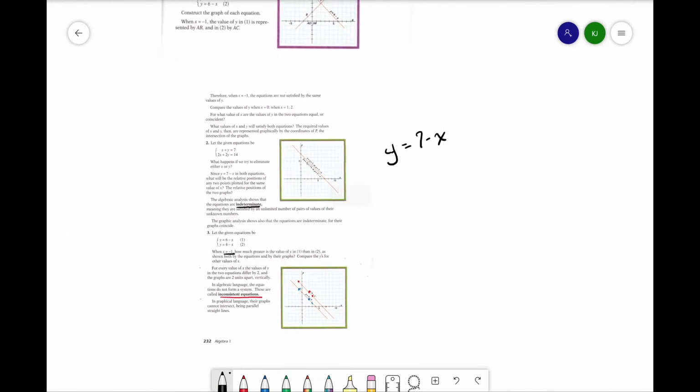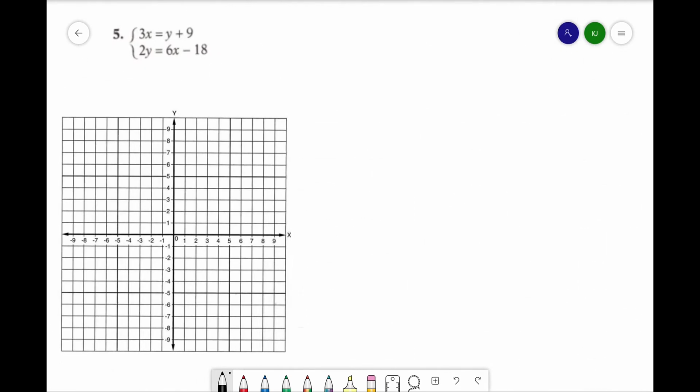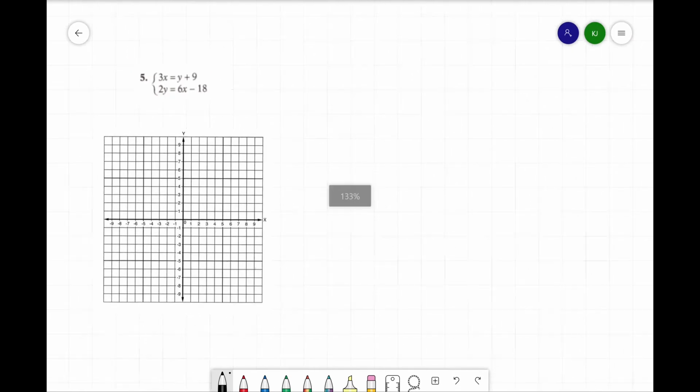So now let's do question 5 together. For question 5, we have 3x equals y plus 9 and 2y equals 6x minus 18. So we've already pulled out one from each.